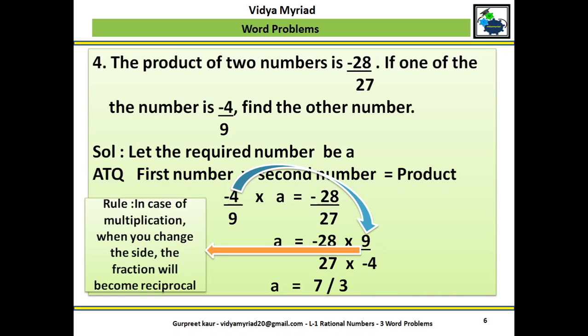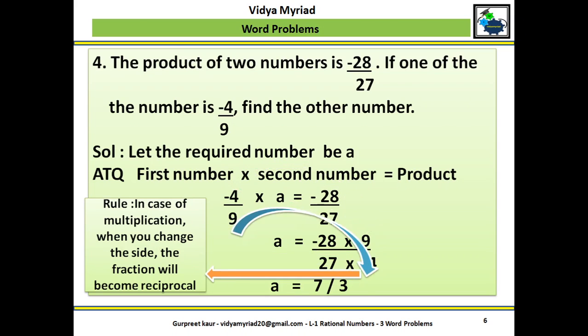As per the rule in the case of multiplication, your numerator will become denominator and your denominator will become numerator, or we can also say that we will write the reciprocal of minus 4 upon 9, which is 9 upon minus 4.